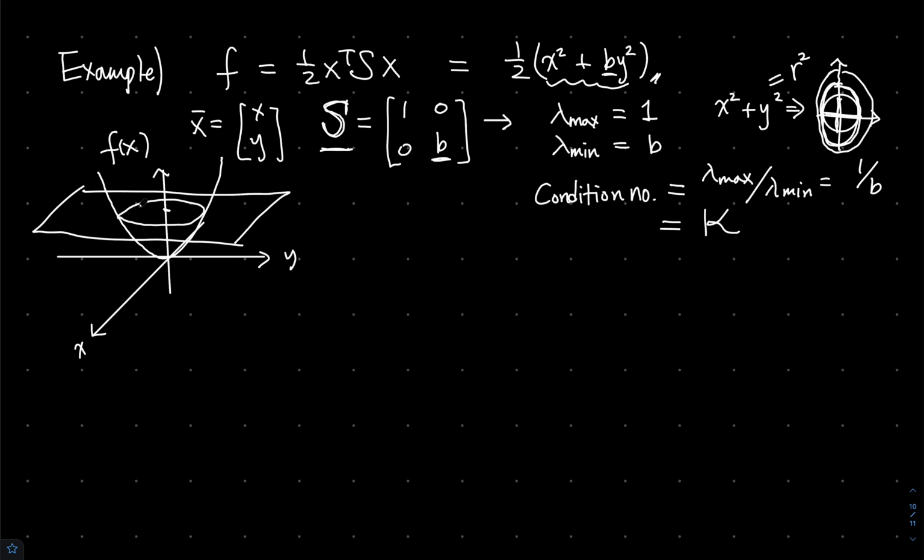A plane intersection of this bowl would be a level set. So the ellipsoid is the intersection between the convex cup, the function, and some plane parallel to the xy plane, right? We know that this function has its minimum at x equals 0, and the function value should be 0.